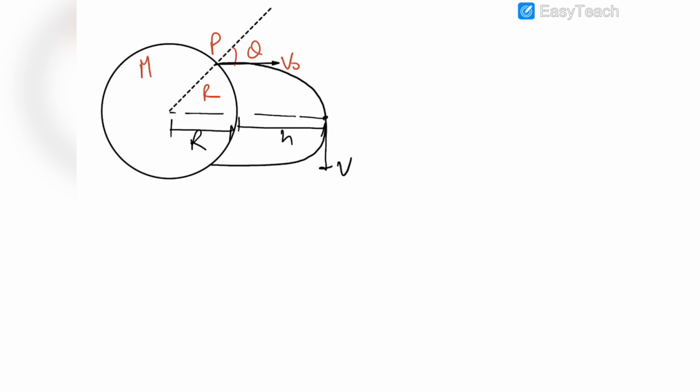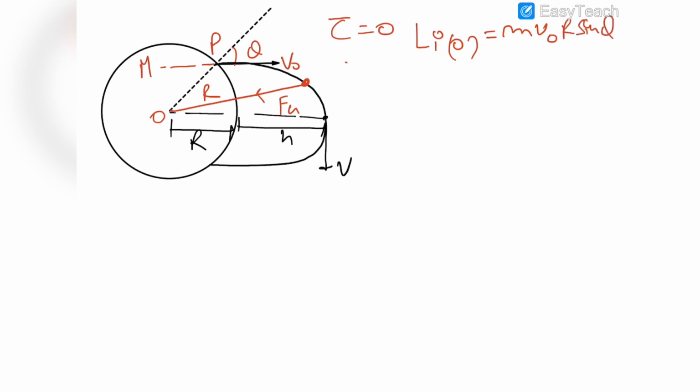Now we know that at any point, let's suppose at this point, the gravitational force acting on the particle is towards the center of the planet, and therefore the net torque of the gravitational force about the center will be 0, which means that we can conserve the angular momentum about O. So the initial angular momentum about O is equal to m v naught r sine theta, and final angular momentum will be mv into r plus h.